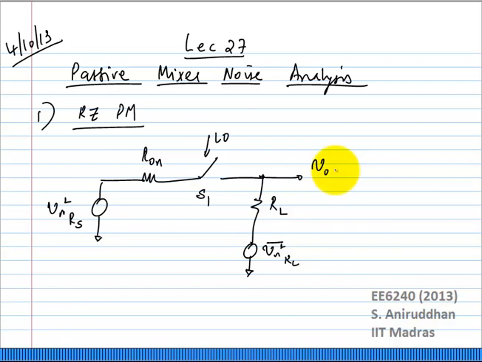So first of all, when S1 is on, what is the output noise? Forget the noise due to the source. This would be VO spot R on, let us say. Let's forget the noise due to the source right now. We are trying to find out everything from the circuit itself. When S1 is on, what is the total noise?